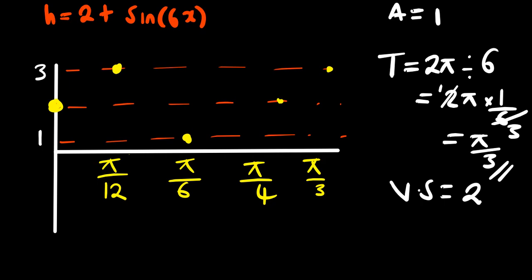So what do we have? So it will move like that, and it will be going in that direction. So that will be the graph of this function.